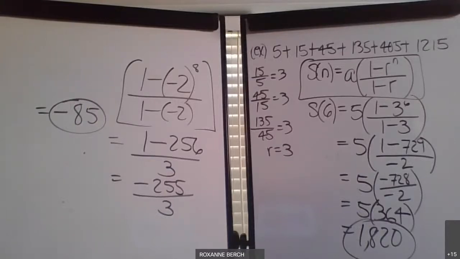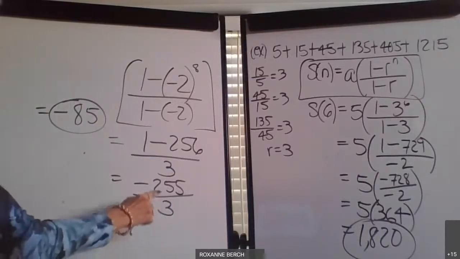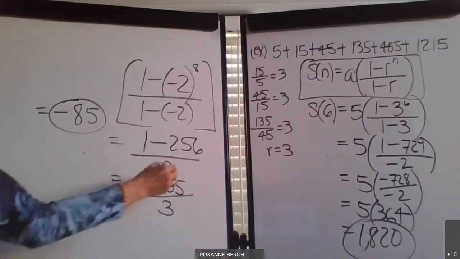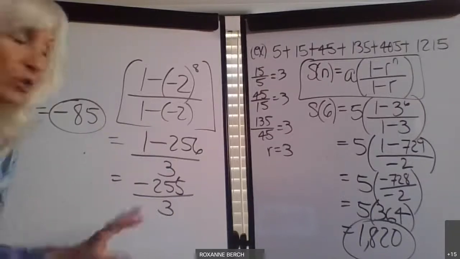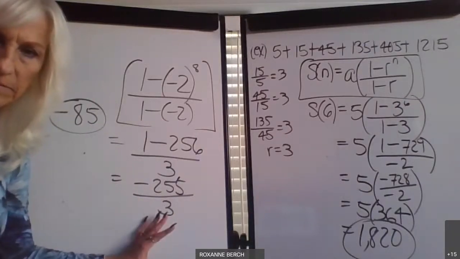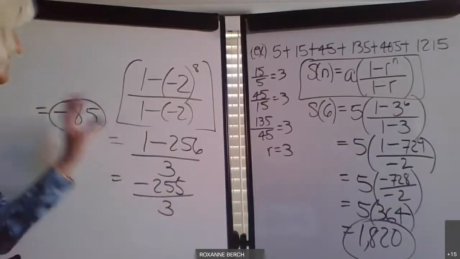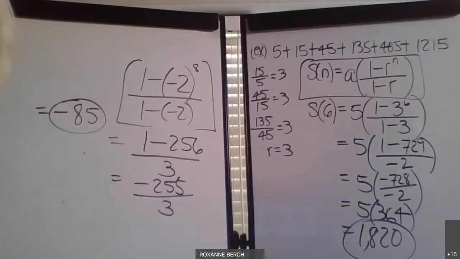Do you see how I did it? 3 times 8 is 24 with 1 remaining. 3 times what is 15? 5. And if it didn't work out, you would have left it like this. But it did work out. So you must simplify.